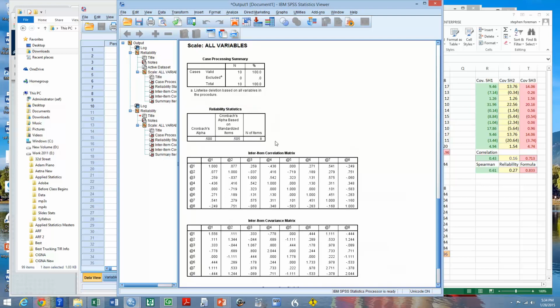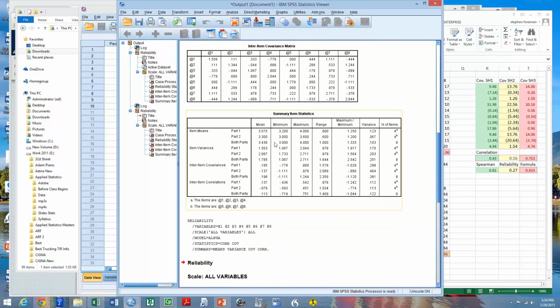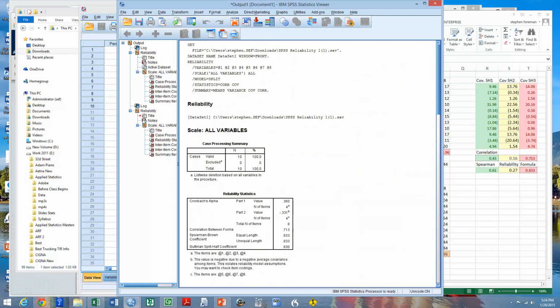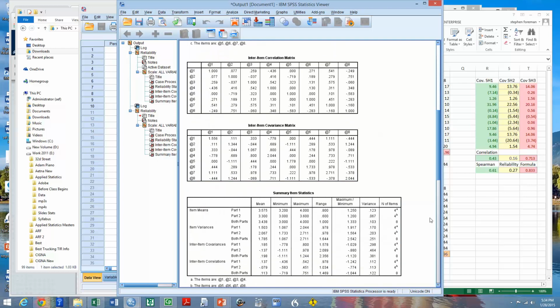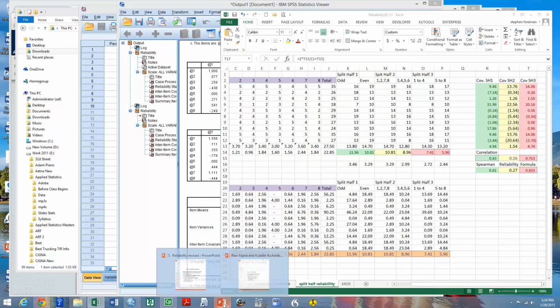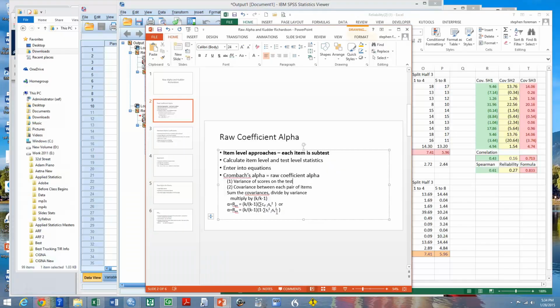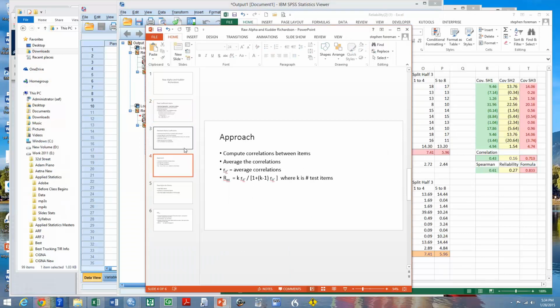So basically, an item-by-item analysis, and that's the essence of Cronbach's raw alpha, and that's SPSS applying this formula across all of them.